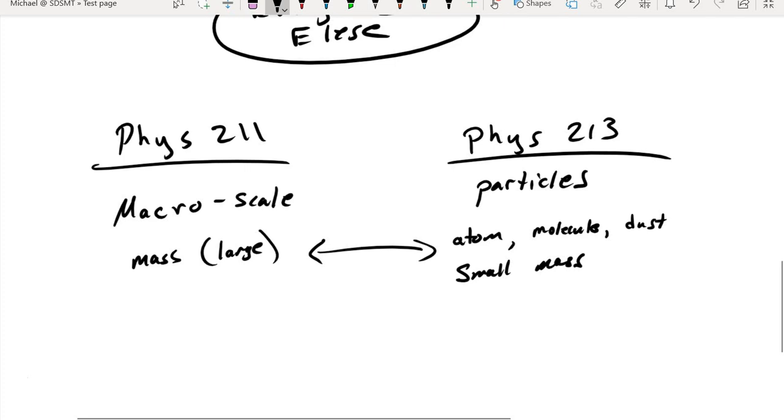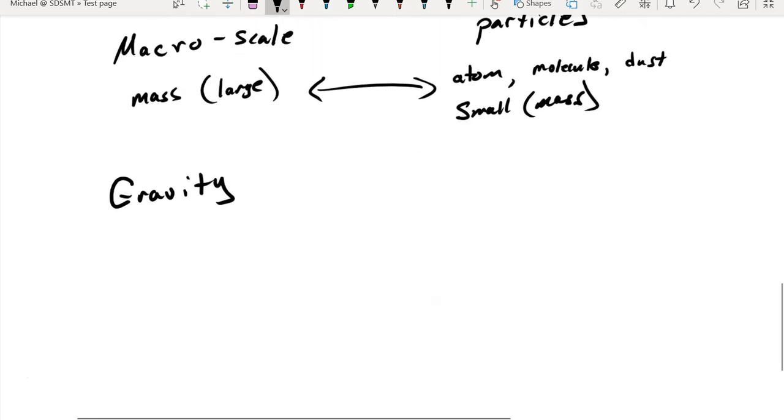Because when we have large masses, the physics of the system are going to behave in such a way that primarily forces like gravity are going to have the greatest influence.